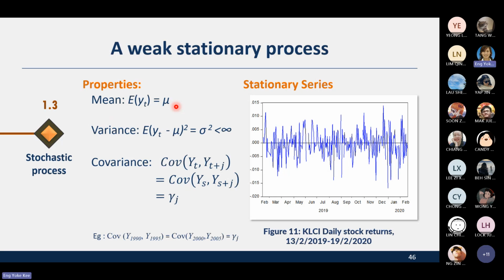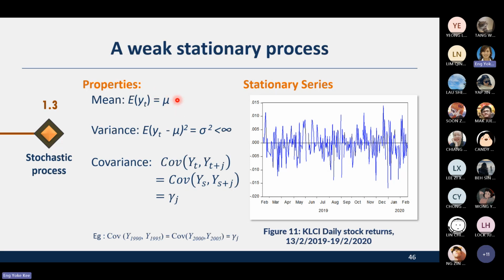So let's say the mean value is 5. This is the long run mean value, so this is the expected value. Okay, you see this mu, you don't see any subscript t here. What does it mean? It means that regardless of the time period, the average value will be the same.